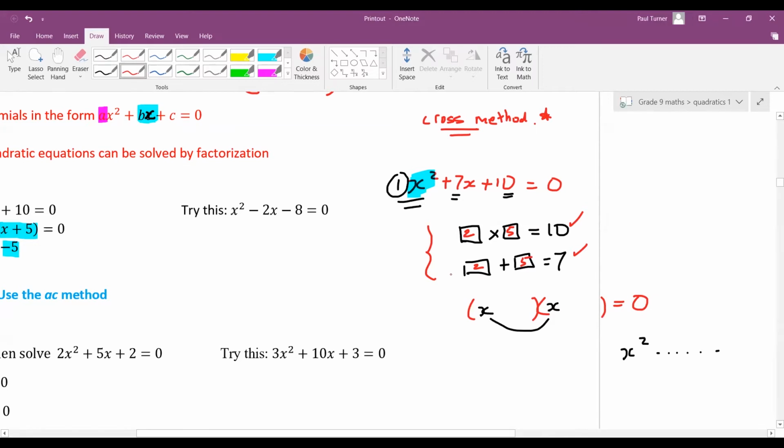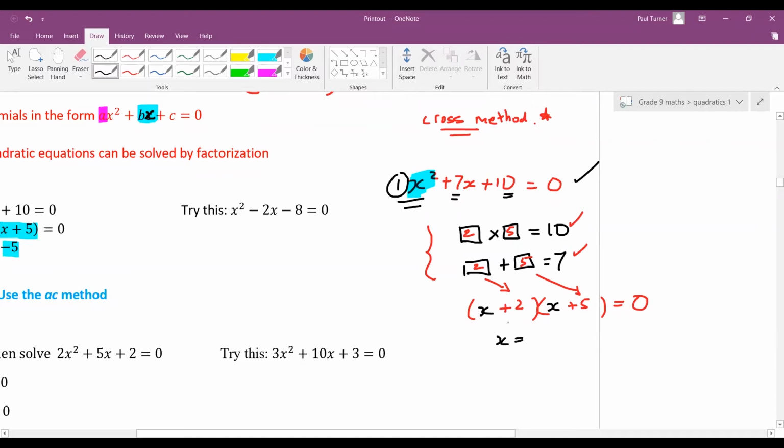So that would be plus 2 for the first one and plus 5 for the second one. It doesn't matter where you put them, but 2 and 5 go in there. So now what you've done is you've factorized it already. And if you expand this, you will check you'll get back to your original equation here.